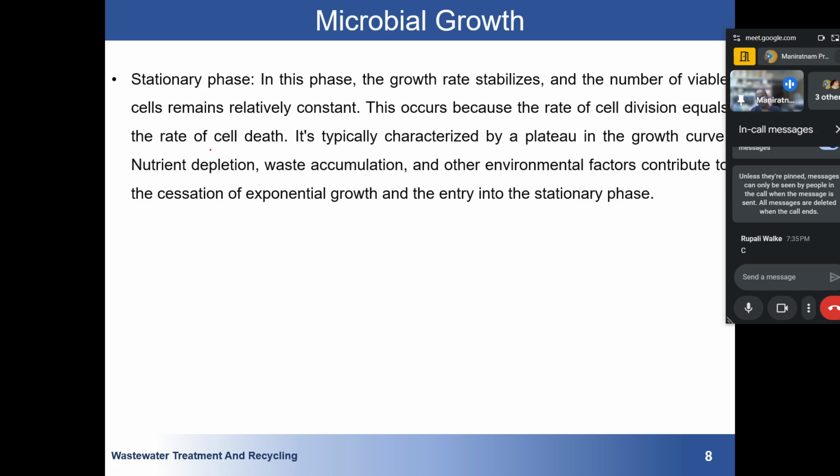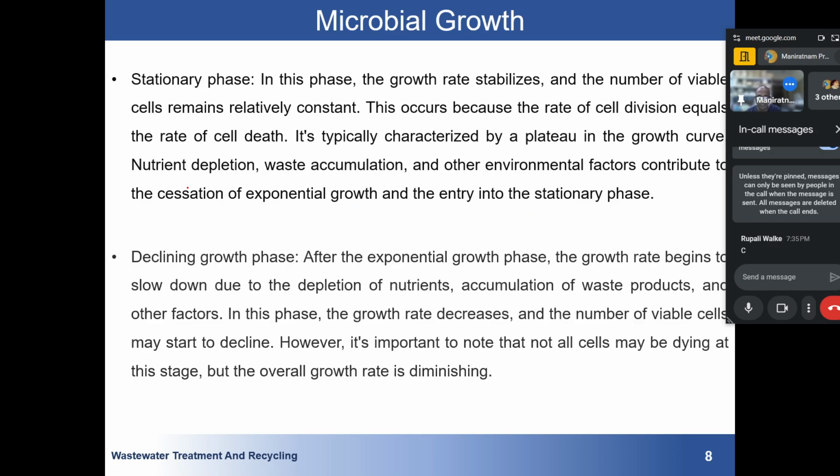So the rate of reproduction is equal to the rate of death. It is typically characterized by a plateau in the growth curve. Nutrient depletion, waste accumulation, and other environmental factors contribute to the end of exponential growth and the entry into the stationary phase. So this thing I have already said.